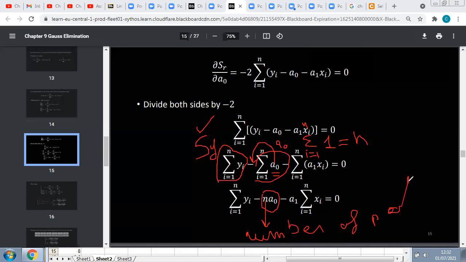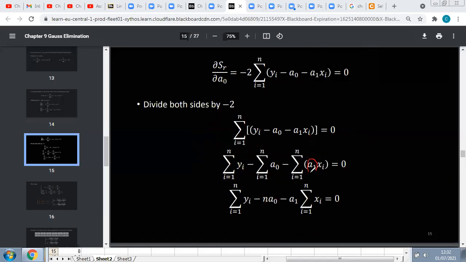Finally, for the last term, what do I have? I have summation from 1 to n of A1 xi. A1 also here is a constant coefficient, so it will not affect the summation. I can take it outside of the summation. And then I just have minus A1 times summation from 1 to n of xi.